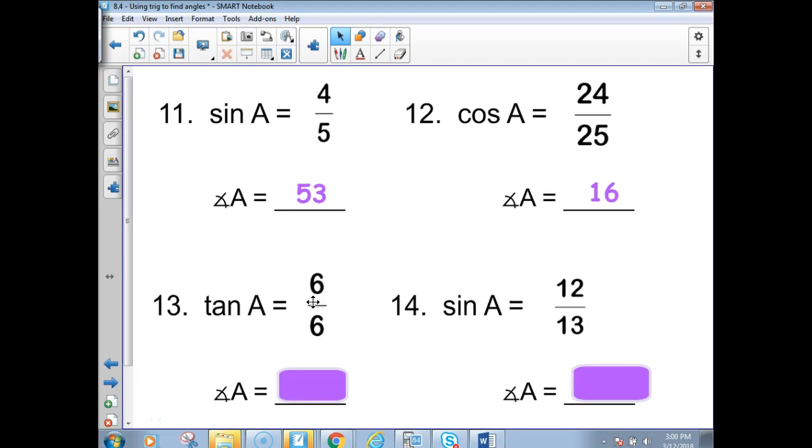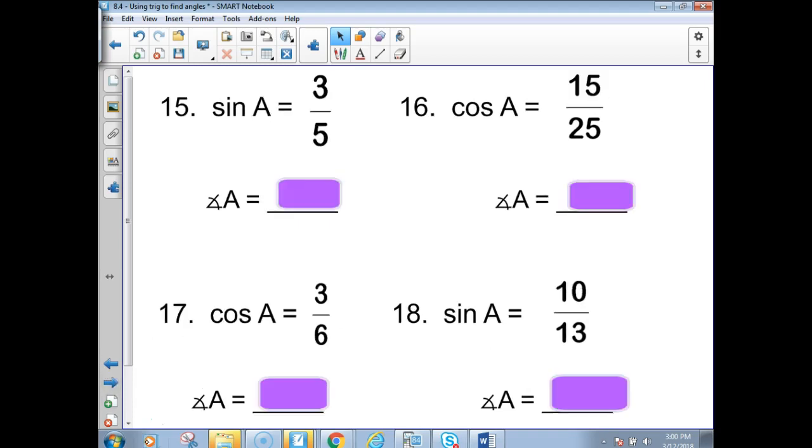Because this means opposite leg to adjacent leg. The legs are the same size, which means it's a 45, 45, 90. So you should get 45. Okay, and then second sine of 12/13, what's that one? Yeah, 67 is what we should be getting. All right, you got 4 more there. Hit those, please.